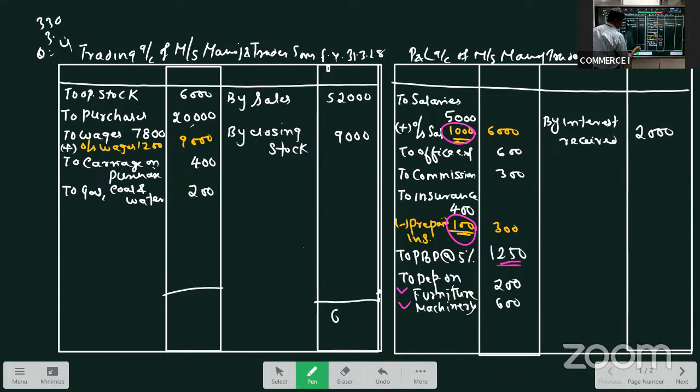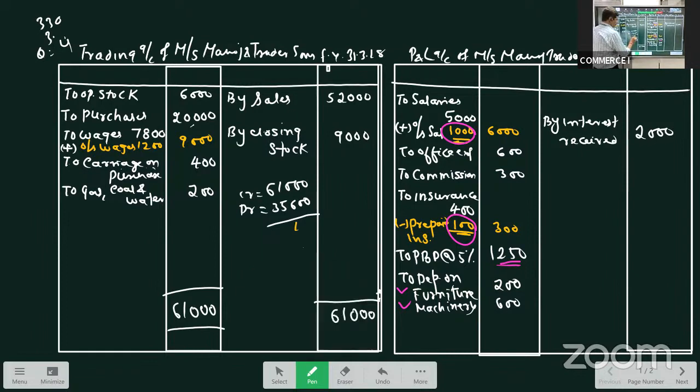What is the total? 61,000. Credit side total is 61,000. And debit side it is 35,600.